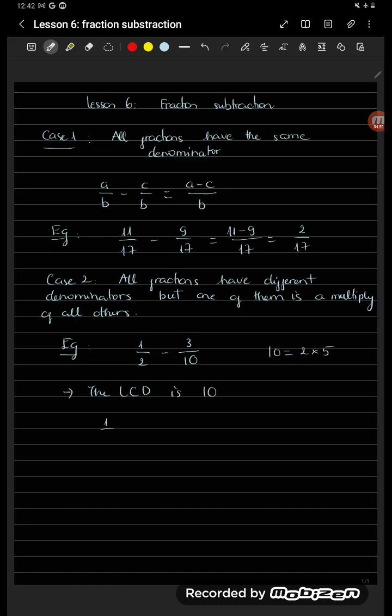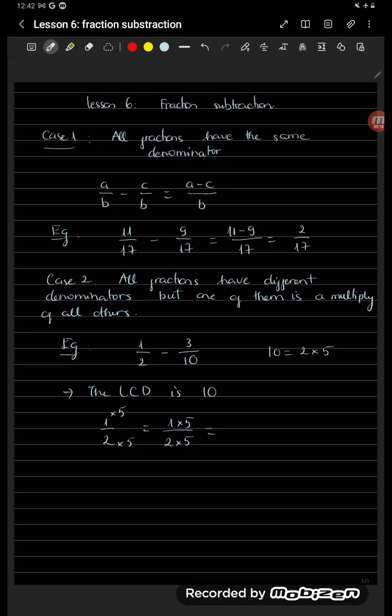So how can we change 1 over 2 to a new fraction with a denominator of 10? We only need to multiply both the top and the bottom part by 5, because we are trying to make a new fraction with a denominator of 10.